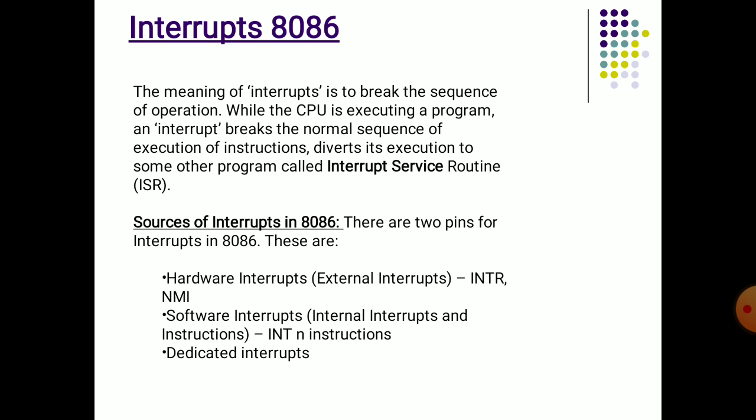Now what about the software interrupt? Software interrupts are generated by instructions, that is software code, inside the CPU itself. For example, in a class around 60 members are there, and inside that, some students are chit-chatting or making some other disturbance to the CPU.